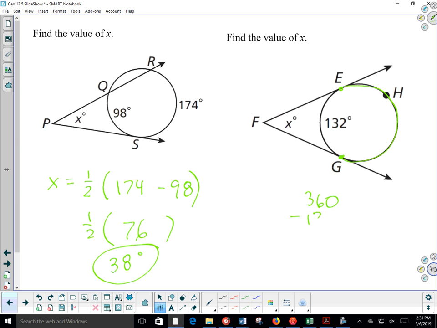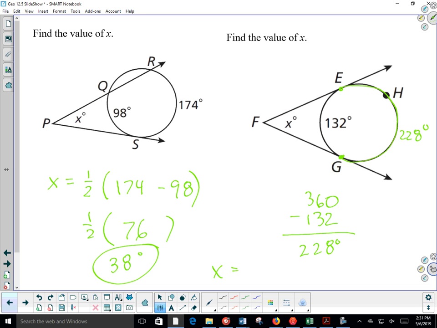All right, so what is 360 minus 132? 228. Did people find that this arc EHG is going to be 228? Yeah. All right, so now that we know that, we're going to use the formula. Elizabeth, what's that going to be? X equals 1/2, and then you do 228 minus 132.